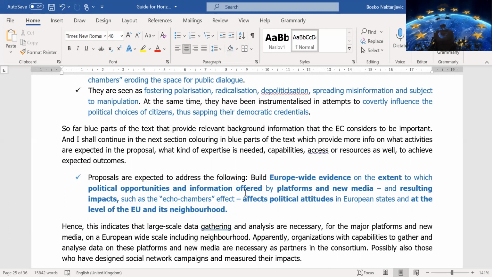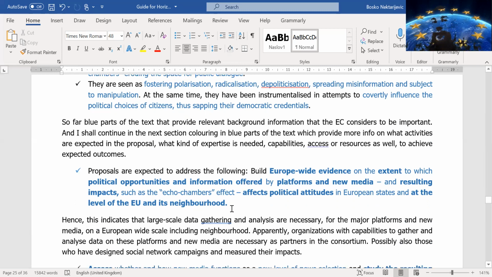What activities are expected in the proposal? What kind of expertise is needed, capabilities, access, or resources as well to achieve expected outcomes? So it states proposals are expected to address the following: build Europe-wide evidence on the extent to which political information offered by platforms and new media, and resulting impacts such as the echo chambers effect, affect political attitudes in European states and at the level of the EU and its neighborhood.